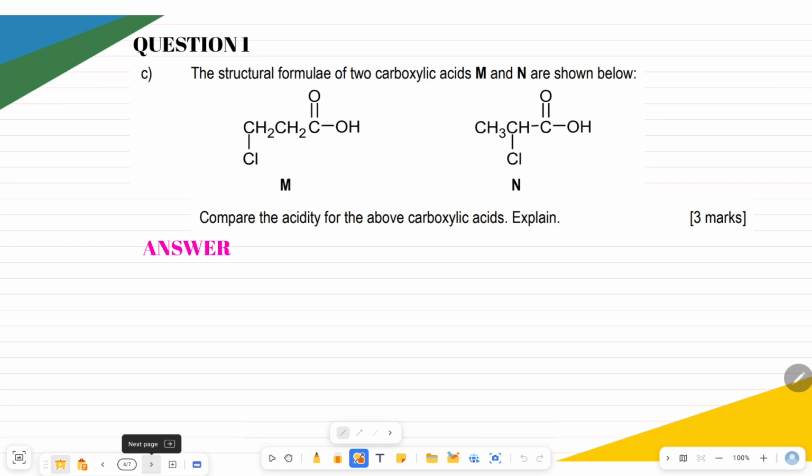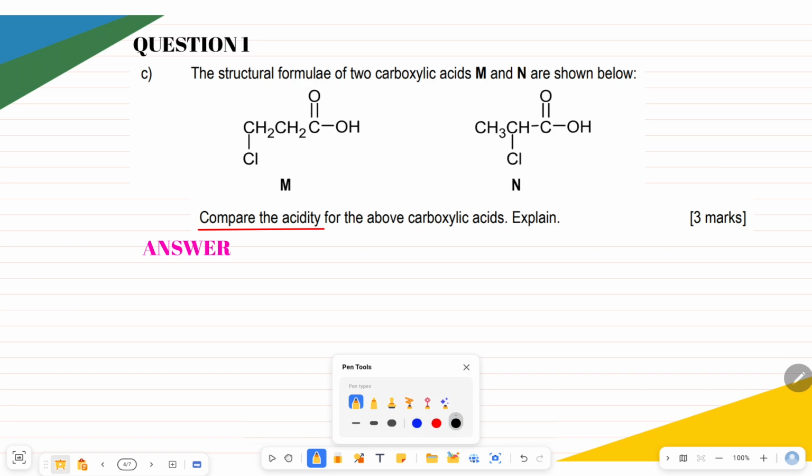Proceed with question 1C. You are given the structural formula for 2 carboxylic acids, N and M. Compare acidity for the above carboxylic acids and explain. So compare acidity, you can say which one is the higher acidity or which one is the lower acidity. Both are acceptable. So let's look at the structure. Both have COOH, so both are carboxylic acids.